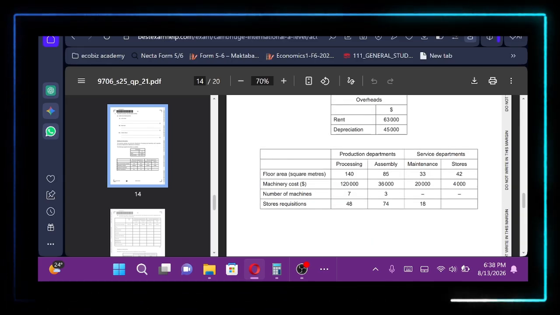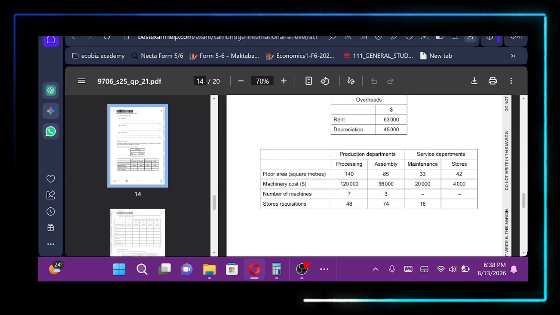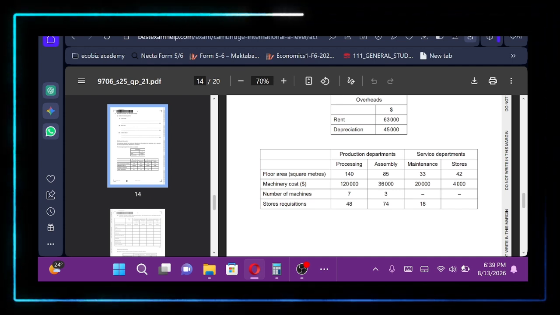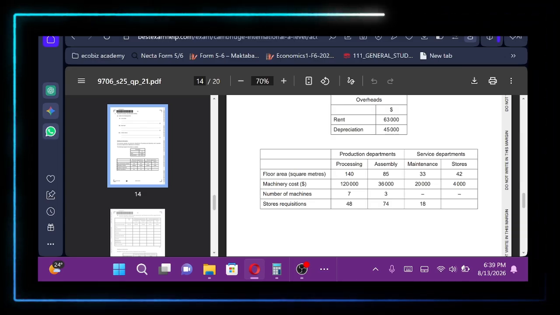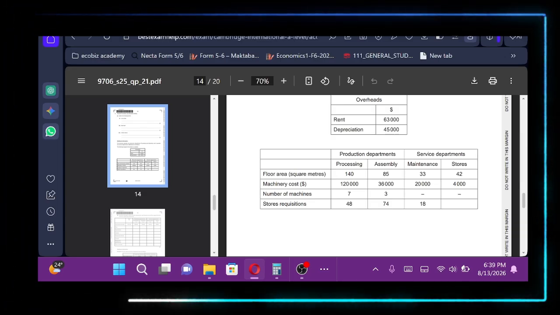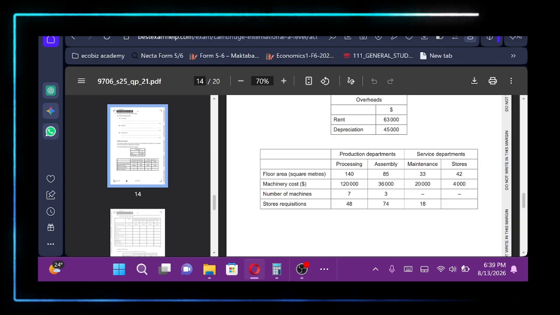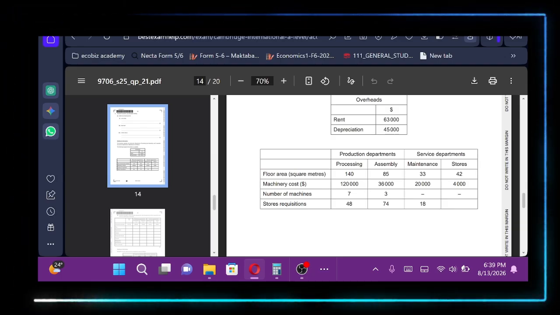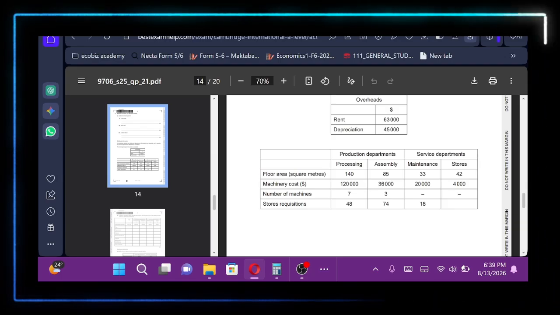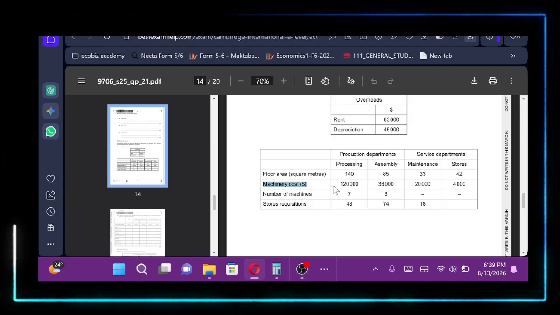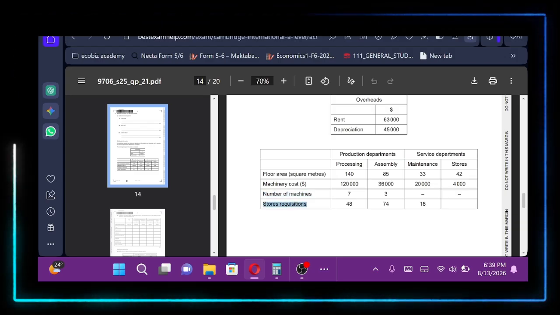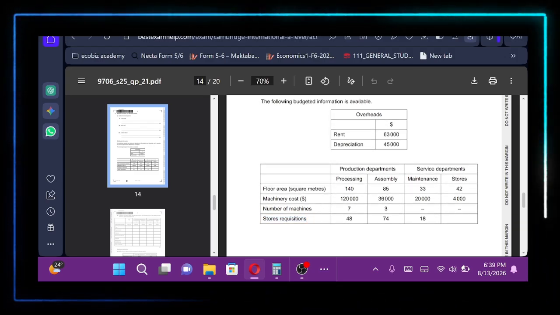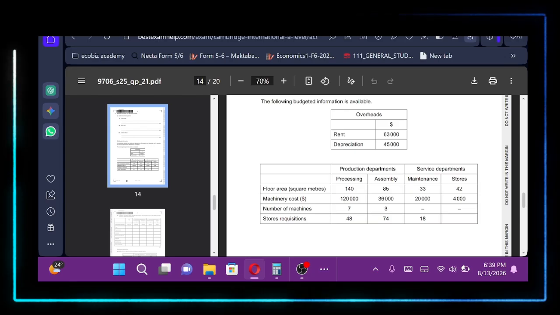First of all, we must understand what rent is. Rent is the money that is paid when we don't permanently own a facility. Here, rent is calculated on floor area or square meters. It's definitely not calculated on machine cost or the number of machines, or stores requisition. So it's calculated on floor area.